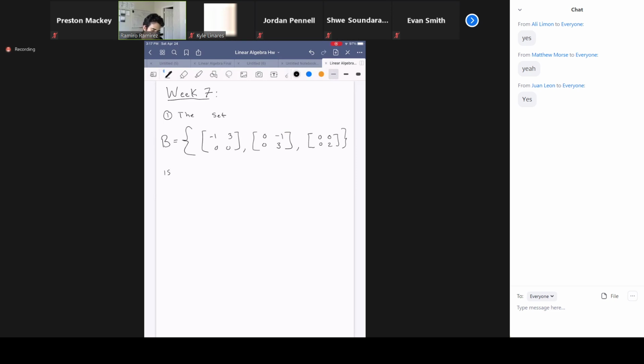So B is a basis for the space of upper triangular 2x2 matrices.